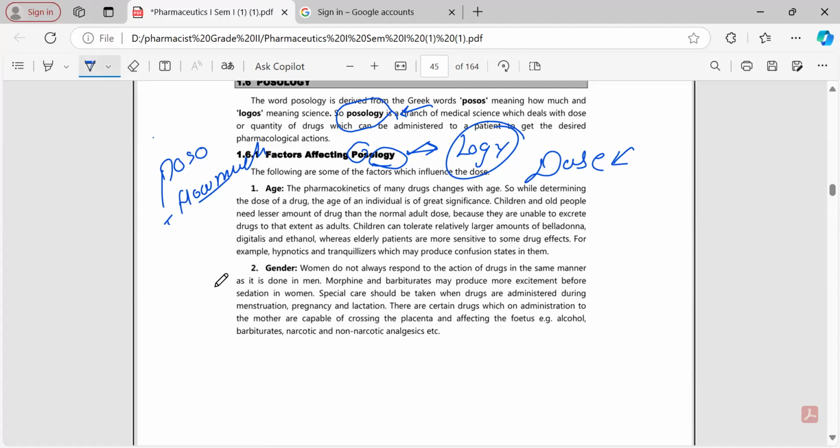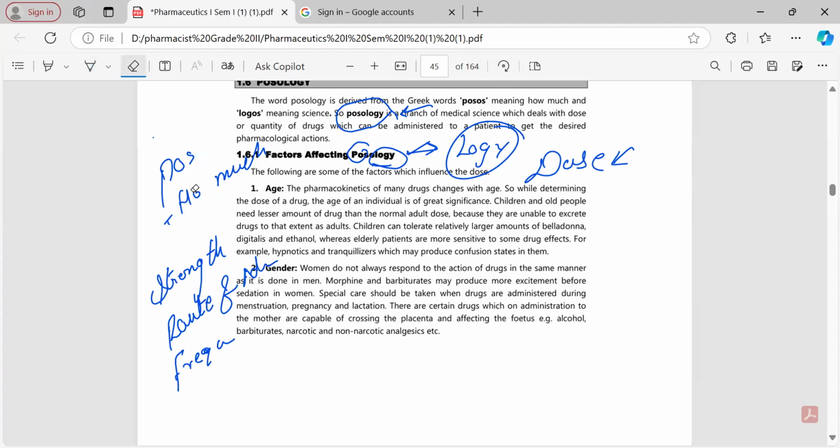And what should be the frequency of the dose? So these things will be determined. Number one, strength, then route of administration, and frequency. Frequency means how many times: once a day, twice daily, thrice daily, whatsoever it is. So all these things are discussed using posology.